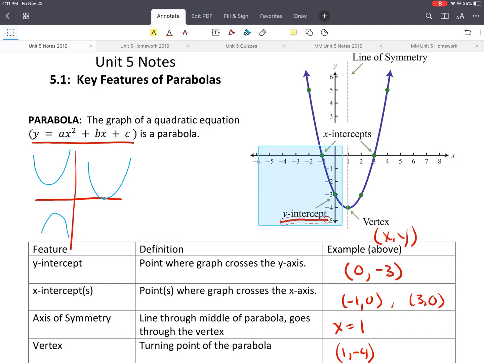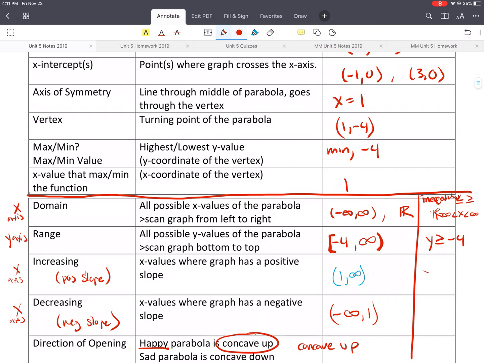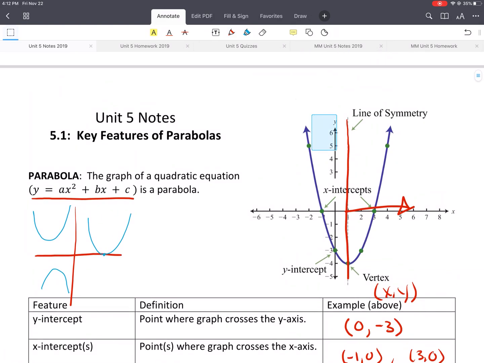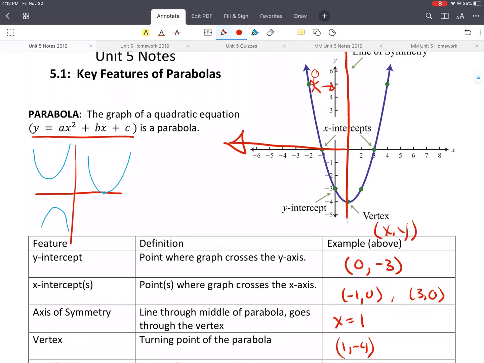So if we want to find where it is increasing, it's increasing for all x values greater than 1. All x values greater than 1. Okay, and then it's decreasing as you walk in this direction, it is decreasing everywhere in that direction. So all x values less than 1.